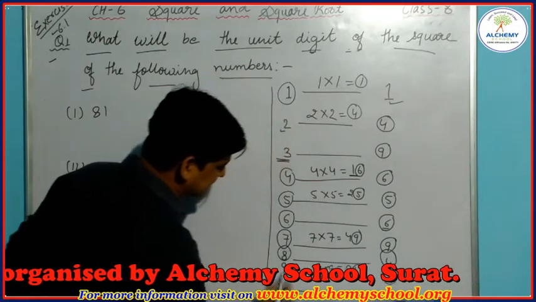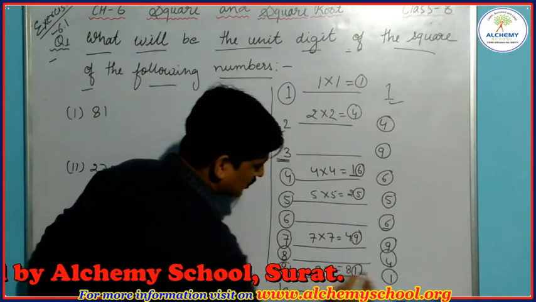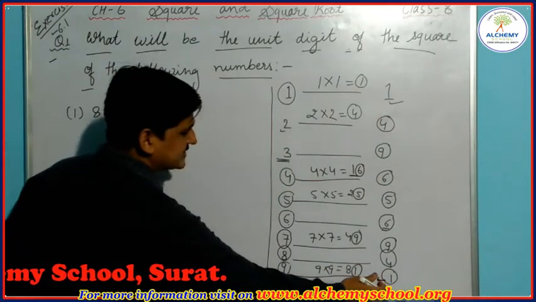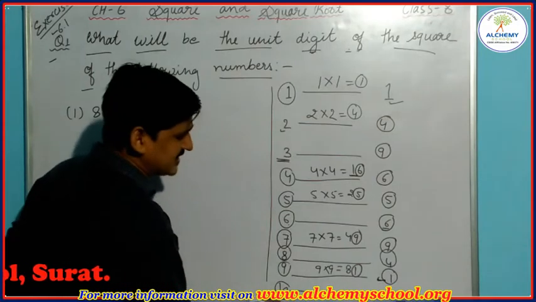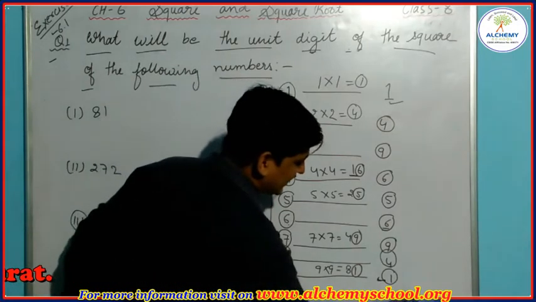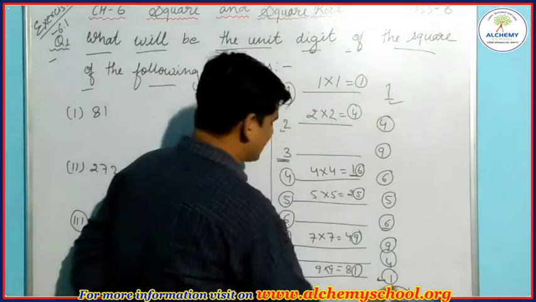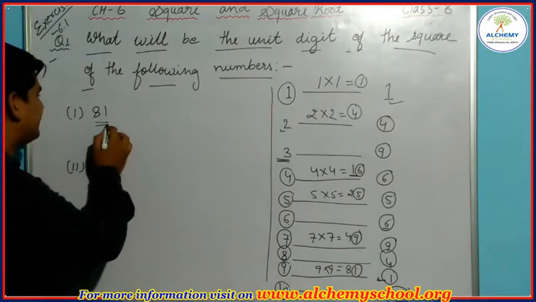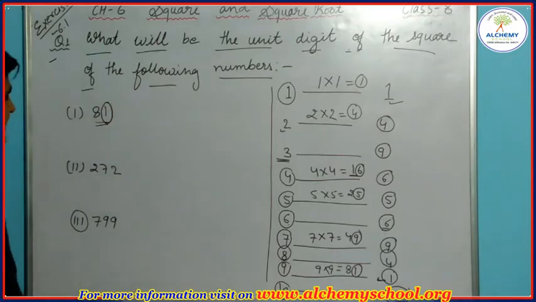The same way, if any number contains 9, the square will contain 1 on its unit place. If any number contains 0, the square will contain 0 on its unit place. So this is the way we can find the unit place of the square of the given number by observing the unit digit of the given number.